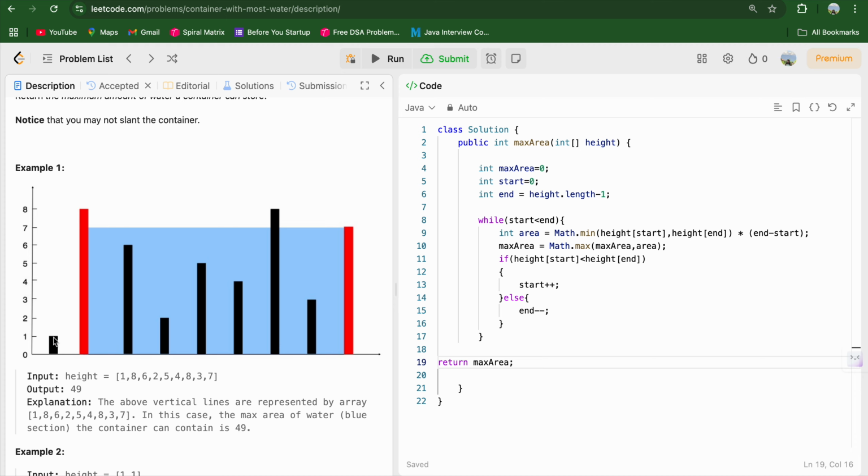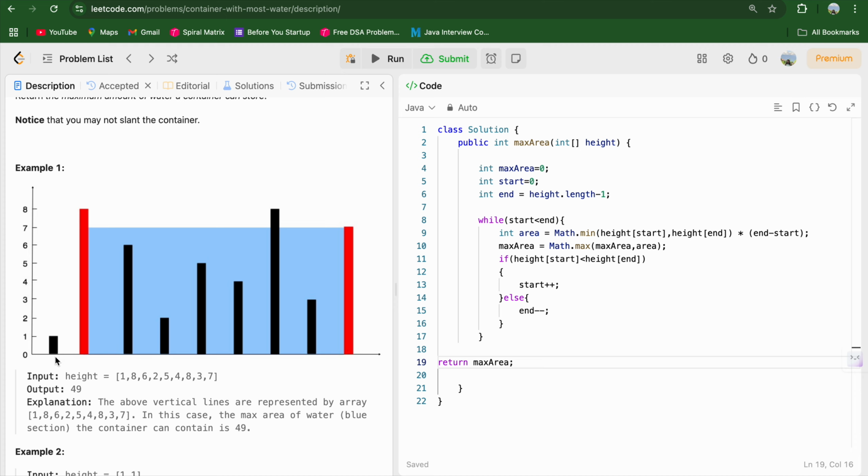And also, if you consider the area, the breadth would be shorter, right?